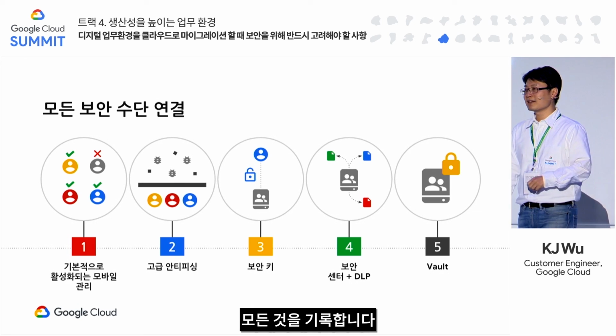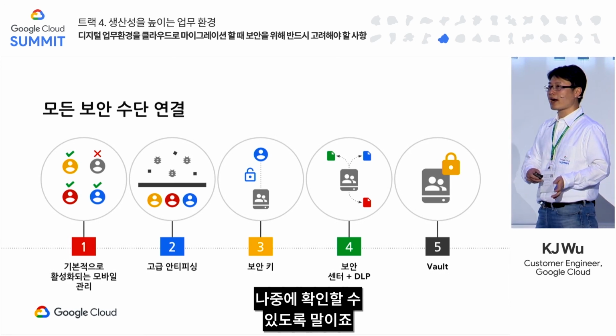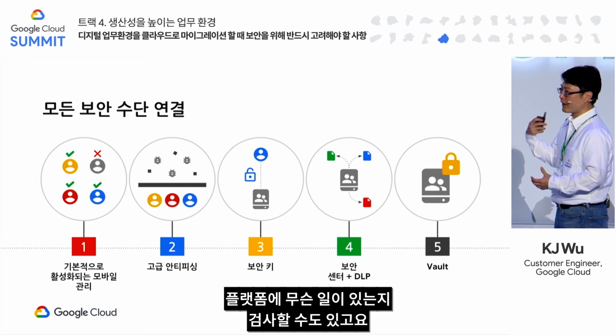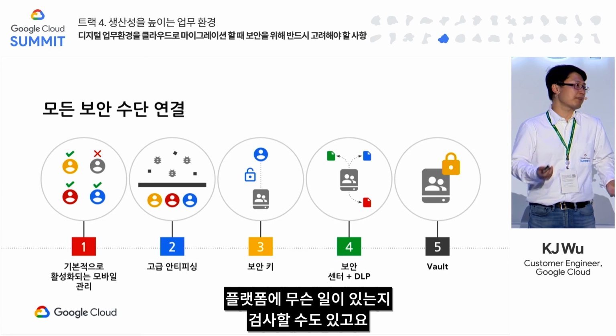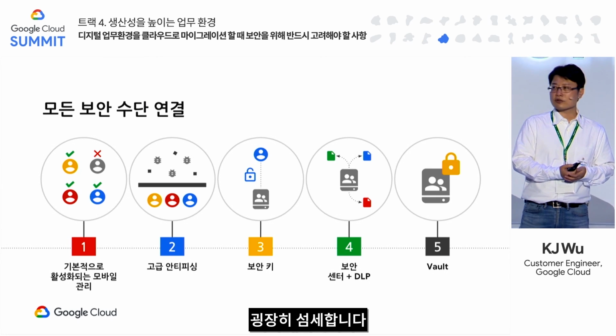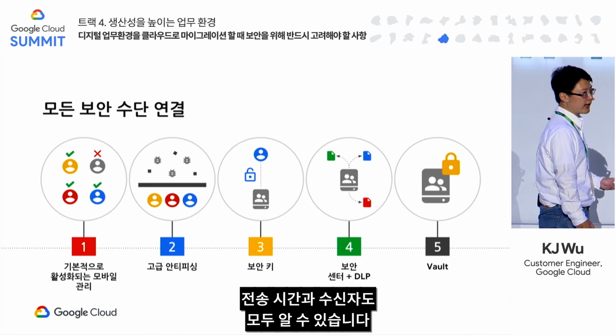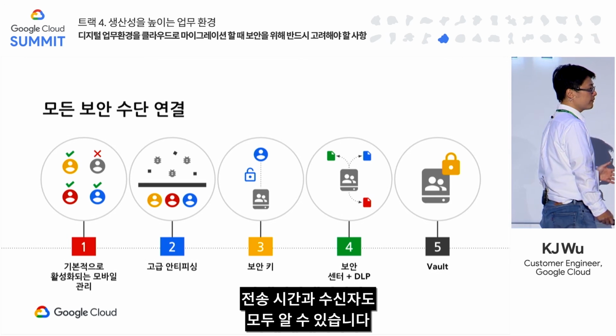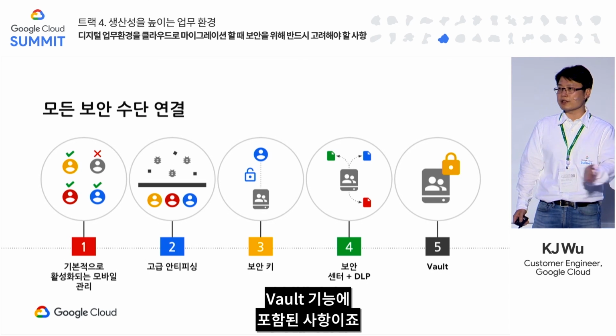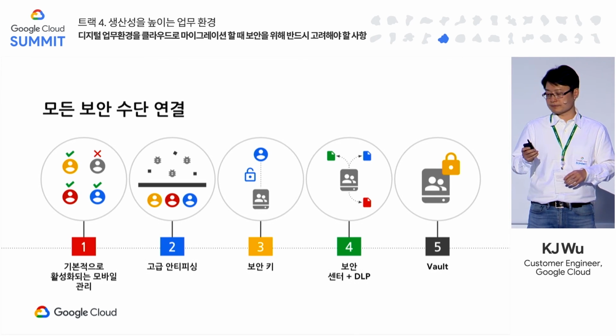Capture everything, then you can come back to verify or investigate what's happening on your platform. It's down to very fine detail, even the email: who sent it, when, who received it, you can all see that. That's all in the Vault.